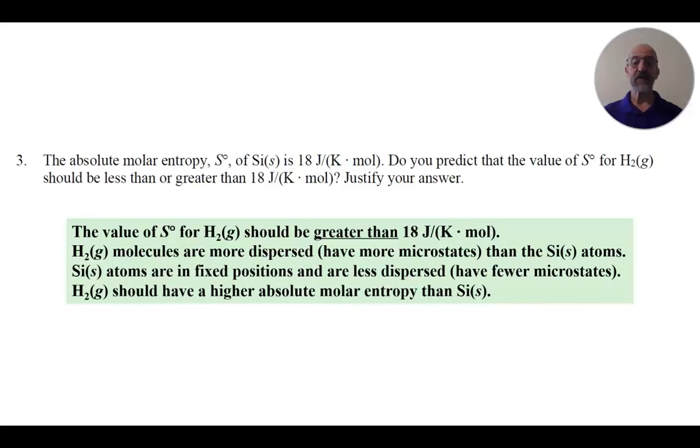The gaseous hydrogen molecules are more dispersed, have more microstates, or they have a greater number of arrangements than the solid silicon atoms. So the solid silicon atoms are in fixed positions and are less dispersed, have fewer microstates or a fewer number of arrangements. So therefore, gaseous hydrogen should have a higher absolute molar entropy than solid silicon.